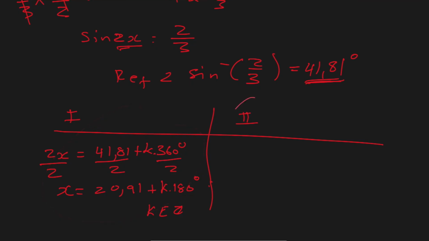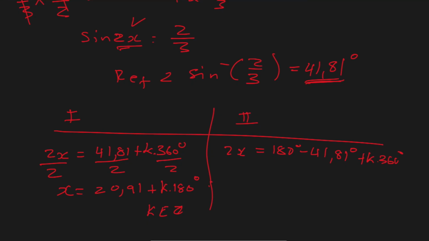But now we also have another solution on the second quadrant, whereby we still start with 2x. We have 2x, and then on the second quadrant, this is 180 minus the reference angle, which is now 41.81, and then we have plus k times 360 degrees.